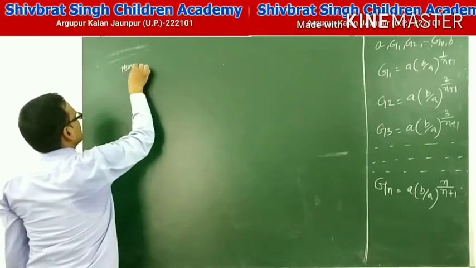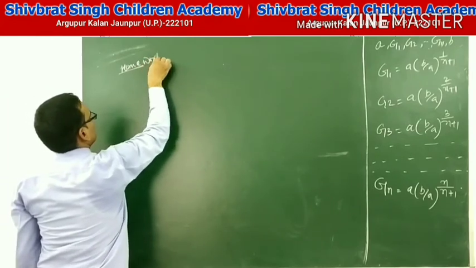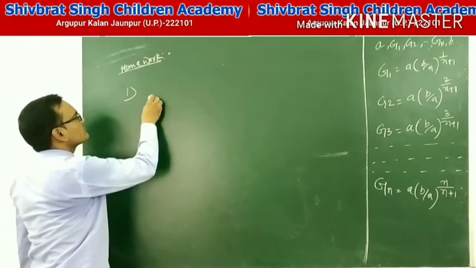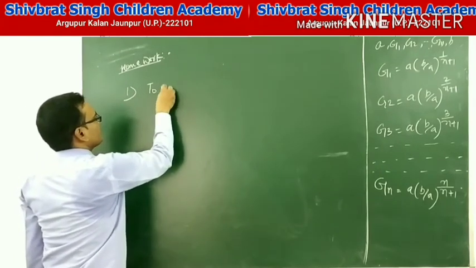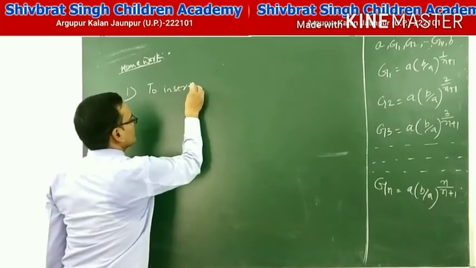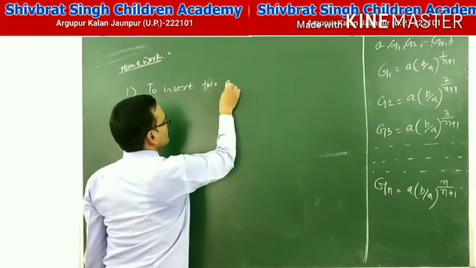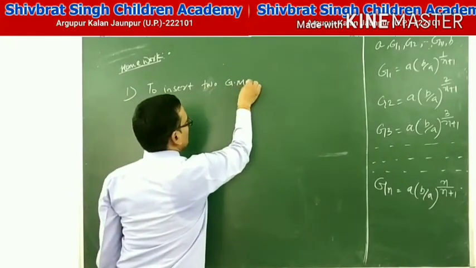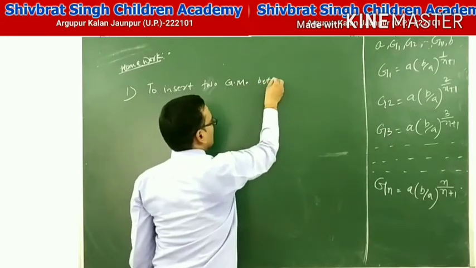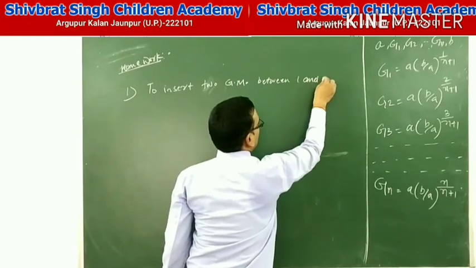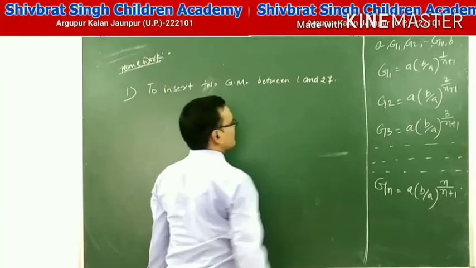Homework. First question, insert two geometric means between 1 and 27.